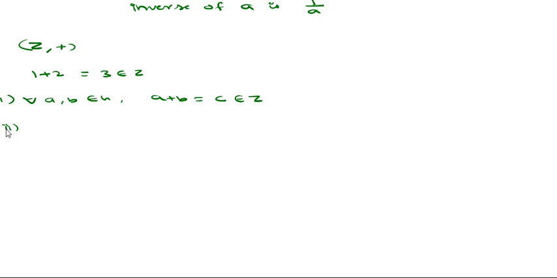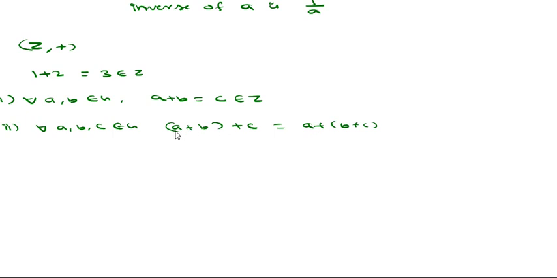And the associative property, that is, if we add three numbers in any order, for every A, B, C, A plus B plus C will be equal to A plus B plus C.